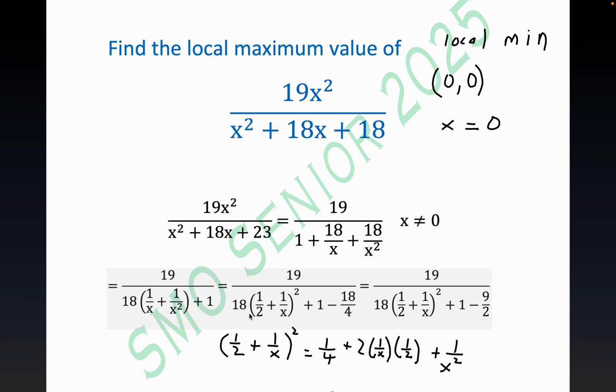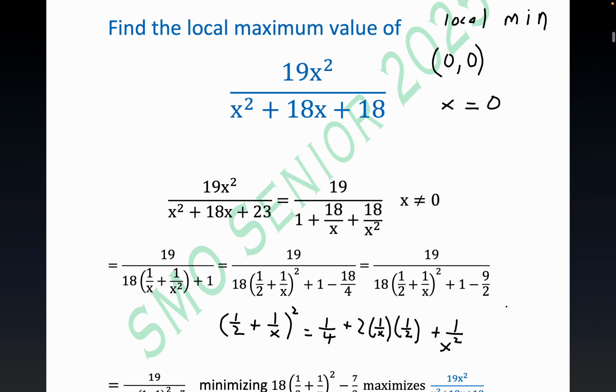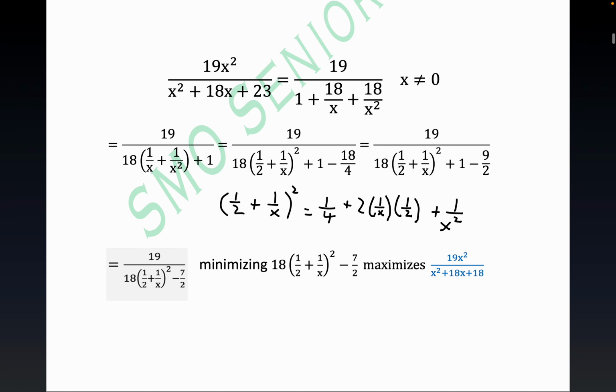Now, when you multiply through by 18, that gives you an 18/4 that you don't want. The 1 still stands, right? Now 18/4 reduces to 9/2, and then 1 minus 9/2 is the minus 7/2 you see right here. Now, the big observation here, and the reason why we did all that, is minimizing the denominator maximizes the entire quotient, right? 19 is a positive fixed constant, right?